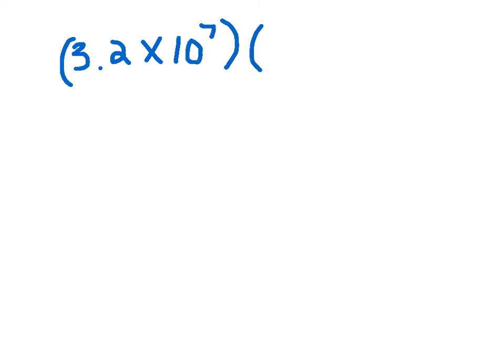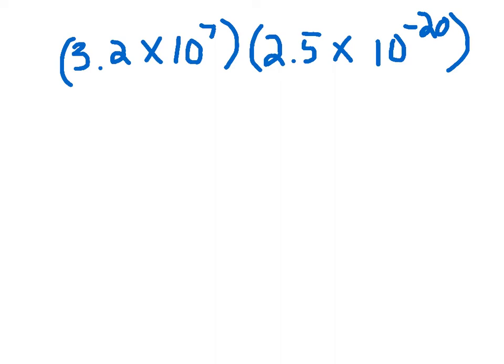If I want to multiply, let's see, 3.2 times 10 to the 7th, and multiply it with 2.5 times 10 to the negative 20th.